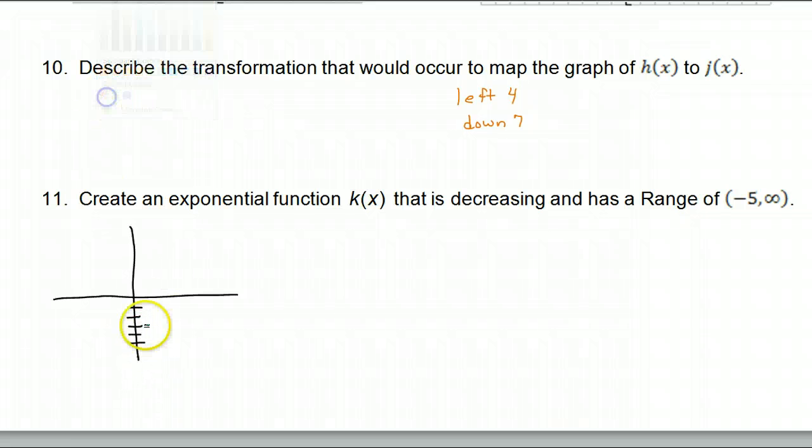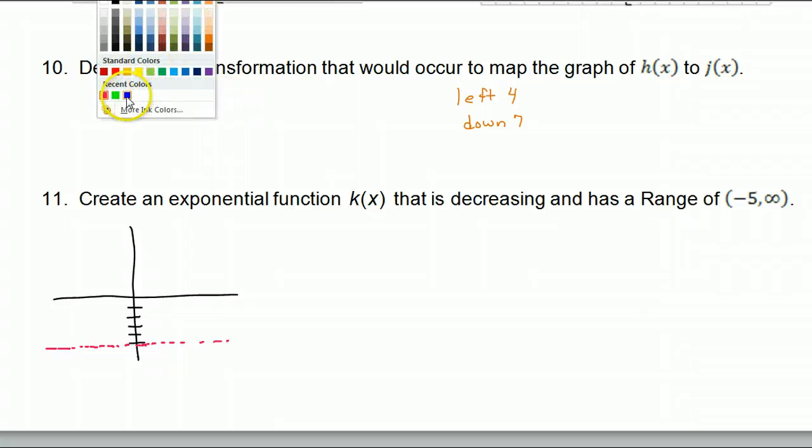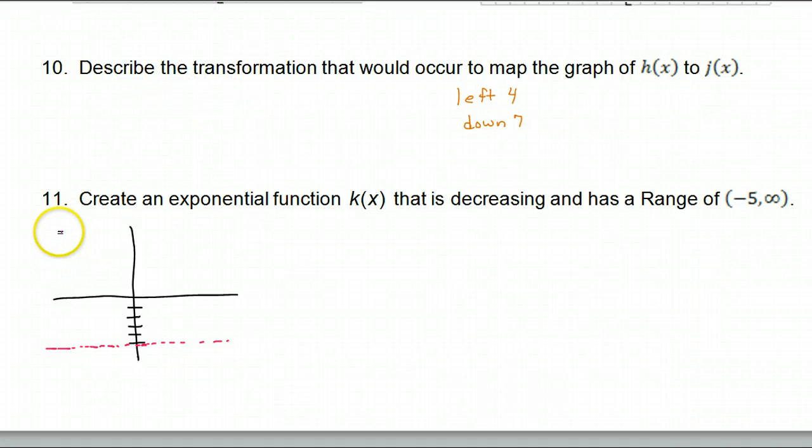If the range has got to be from -5 to infinity, that means the asymptote must be down here at -5, yes? So the asymptote must be down here. And it's supposed to be decreasing, which means this type of a deal.